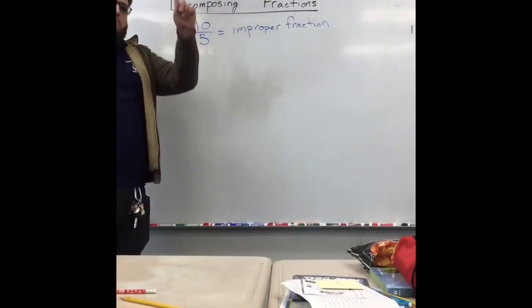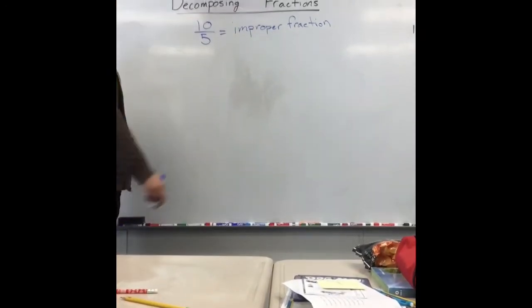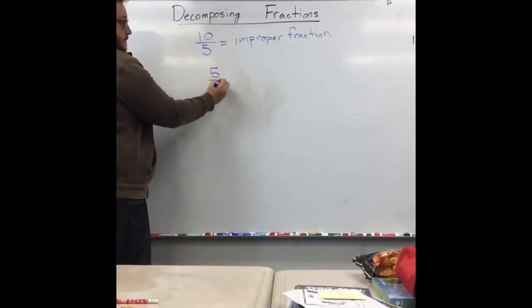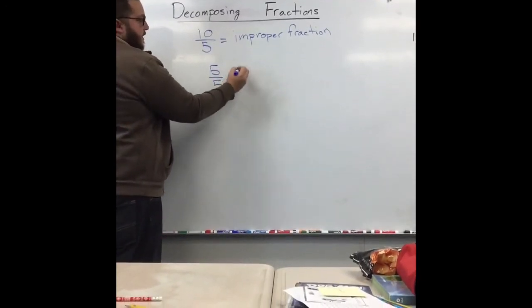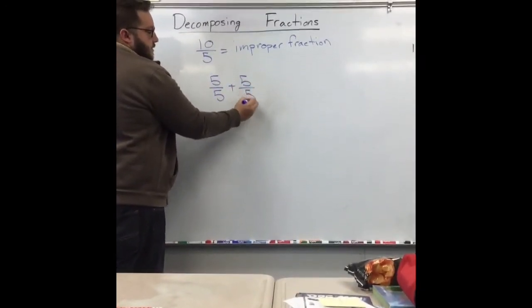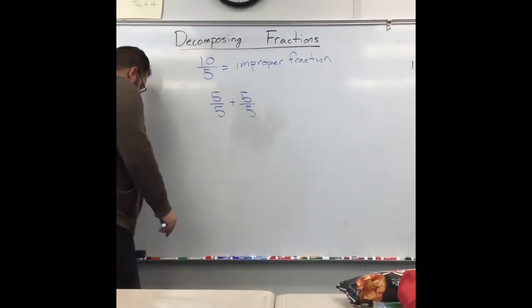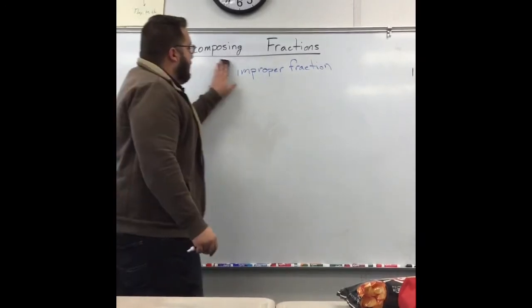Can someone tell me just one way I can decompose this? Mr. O'Brien. 5/5 plus 5/5. Does that equal 10 on the top? Do I add the denominators? Nope. So, get rid of that.